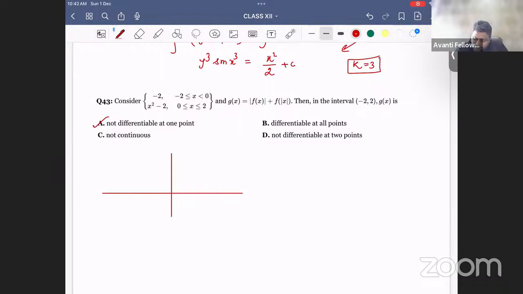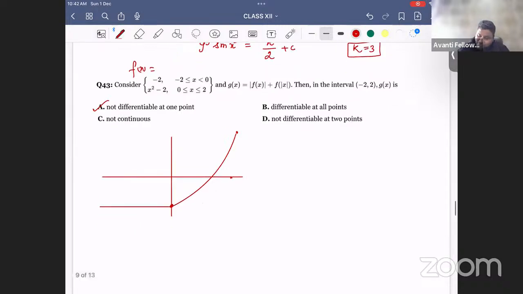At 0 the value of f(x) is going to be -2, and at 2 the value of f(x) is going to be 2, and the graph is going to be something like this. And before 0, it is -2. This is the graph of f(x). They forgot to mention this is basically f(x). Even I did not notice, because it is pretty obvious that they're asking for g(x). That means this is the graph of f(x).